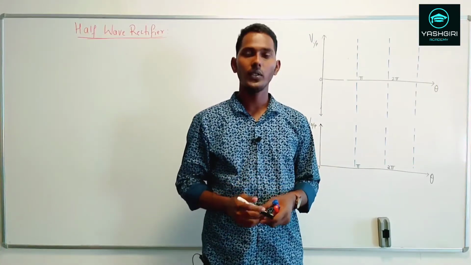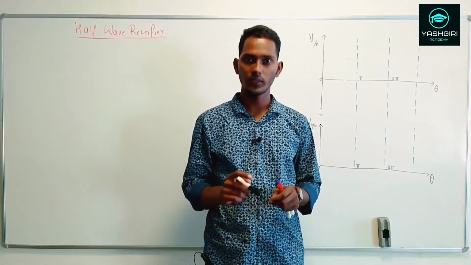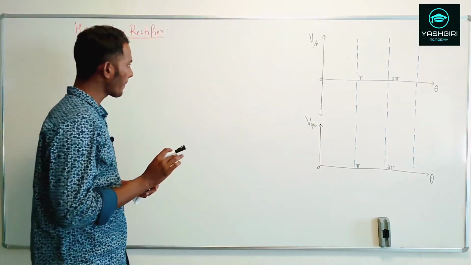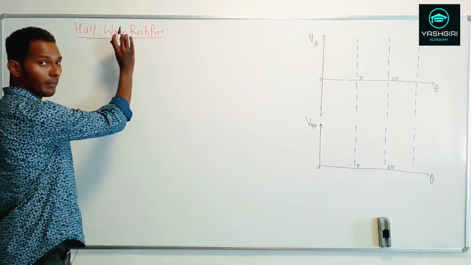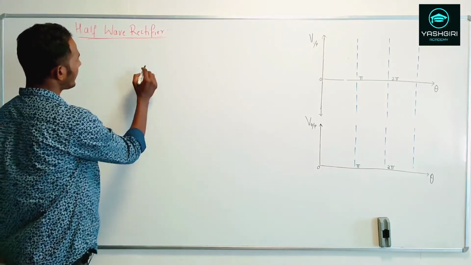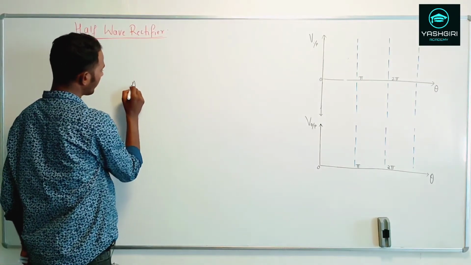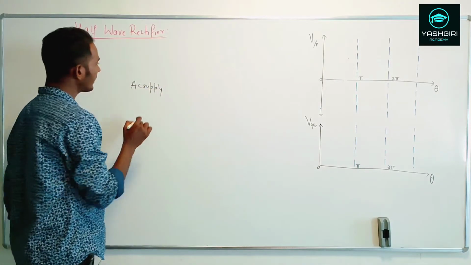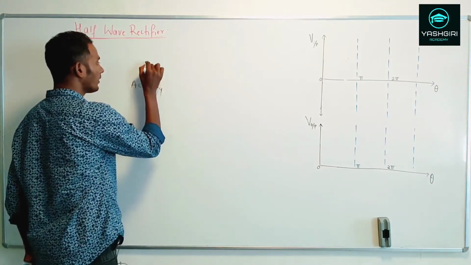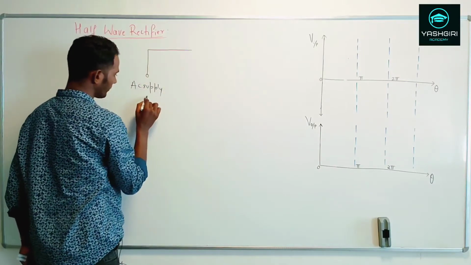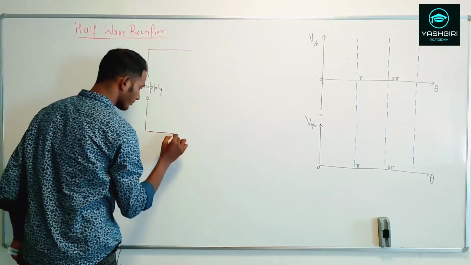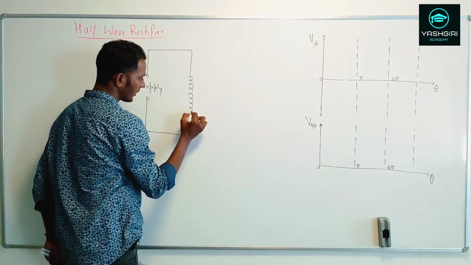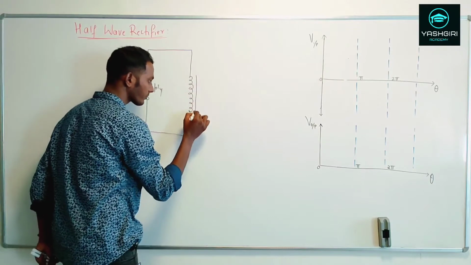Now let's try to construct the rectifier circuit with a single diode first. So we have AC signals coming from the main power line, and let's give this AC supply to a transformer. So this is my transformer.